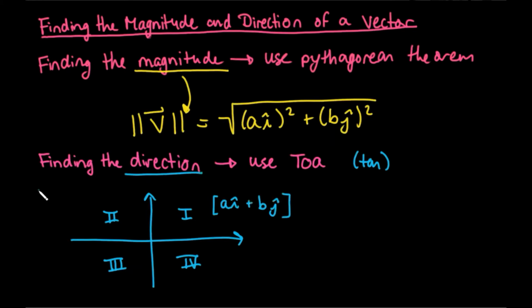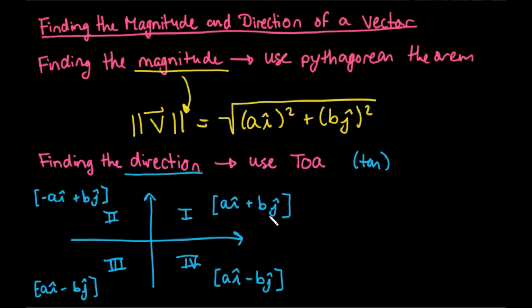In quadrant 2, you'll have a negative i vector and a positive j vector. In quadrant 3, both your i and j are going to be negative. And for quadrant 4, your i is positive and your j is negative.